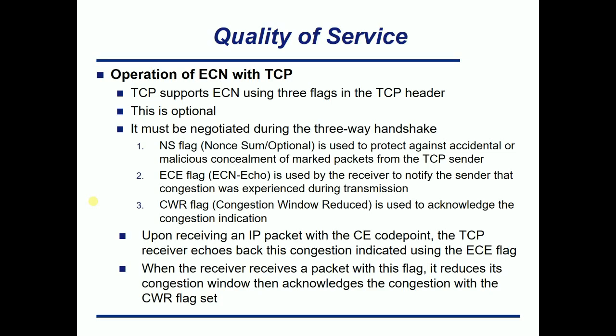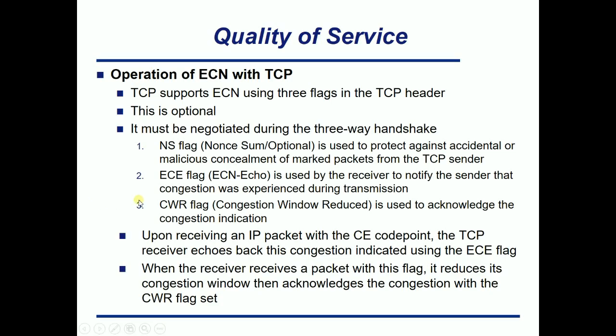You have the NS flag, the nonce sum. You have the ECE flag, which is the ECN echo, and then you have the CWR flag. We'll mainly focus on flags 2 and 3. When a host receives an IP packet with the CE code point, meaning the 1-1, the TCP receiver echoes back this congestion indication using the ECE flag.